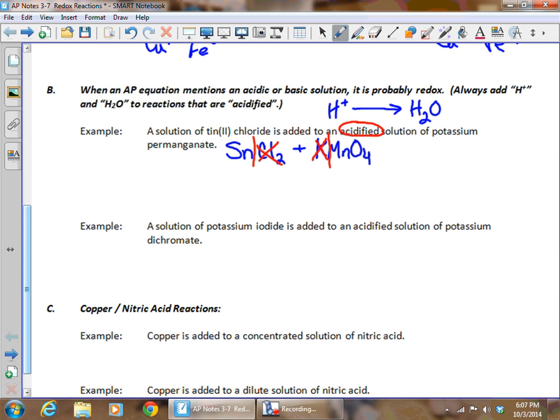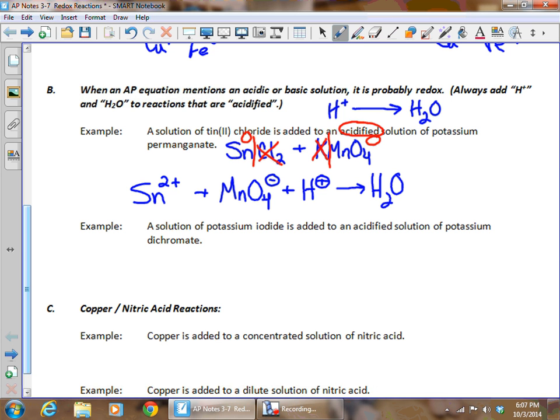Go ahead and do that before you ever start the reaction, and it will save you so much heartache in the end. So the way I truly want to start this reaction is by saying that Sn2+ is being reacted with MnO4-. Please don't forget the H+ here and the H2O here.